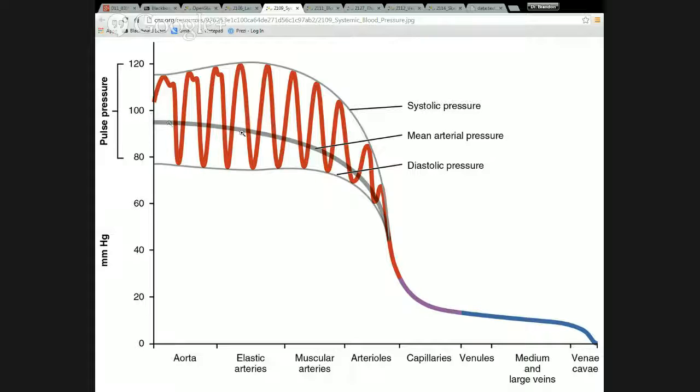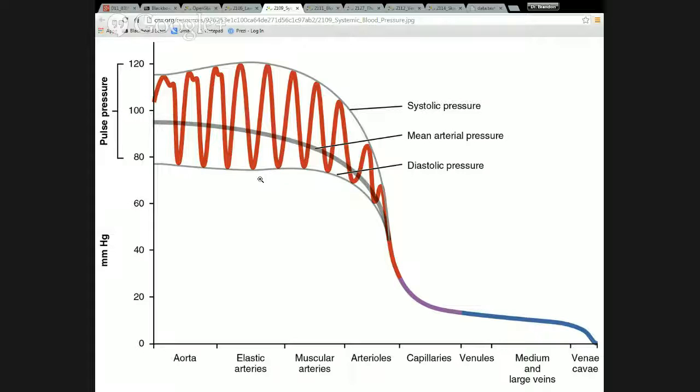But we can say that there's just this line representing blood pressure throughout the system, and it continuously drops, especially so that it gets down to this range, wherever that is, the purple part for capillaries there. Because the change in blood pressure we see through capillaries is very important to how capillaries work, which we'll end with a little later on. Okay.